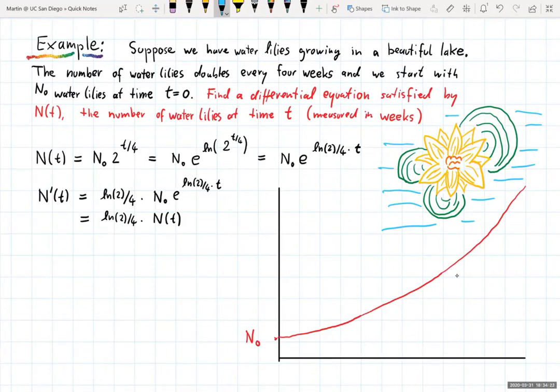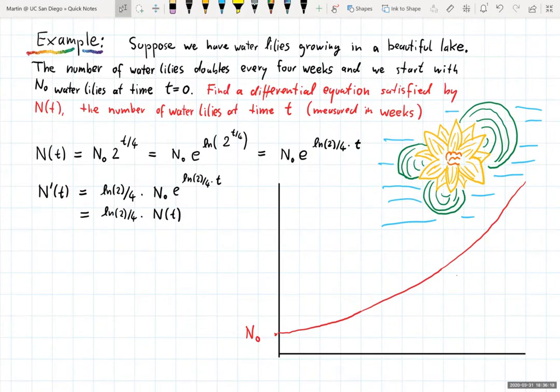So what we see is that the number of water lilies n of t satisfies the following differential equation, namely n prime of t equals the logarithm of 2 over 4 times n of t. That again can be described by a short graph, which I've outlined here. So we start at n naught, and what we're going to see is an exponential growth of the number of water lilies in the lake.